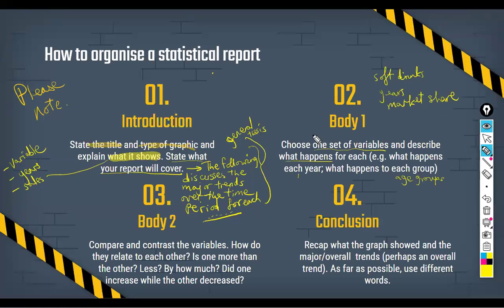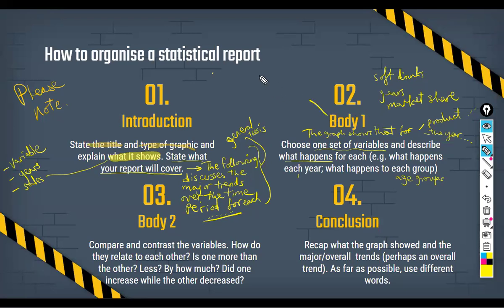We could start this paragraph by saying something as simple as the graph shows that, and either you put product, blah, blah, blah happened, or the year, etc. that happened, whatever. So we start with the graph shows that, that's our topic sentence, and we say what happened for each variable. Now, depending on how complicated the graphic is, it is possible that you could give 2 paragraphs to this.